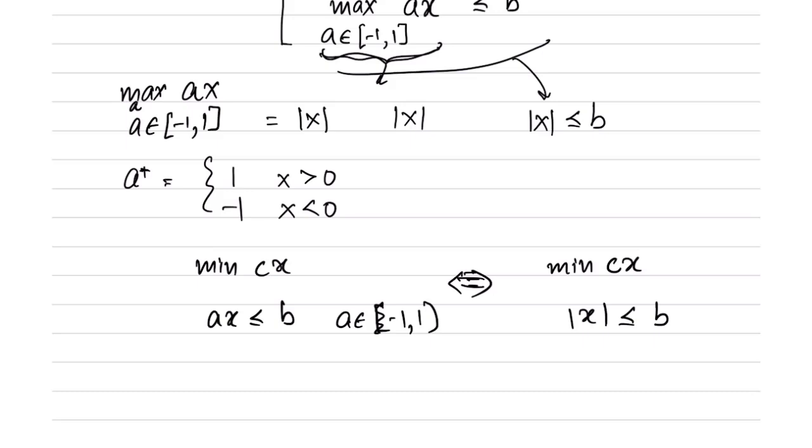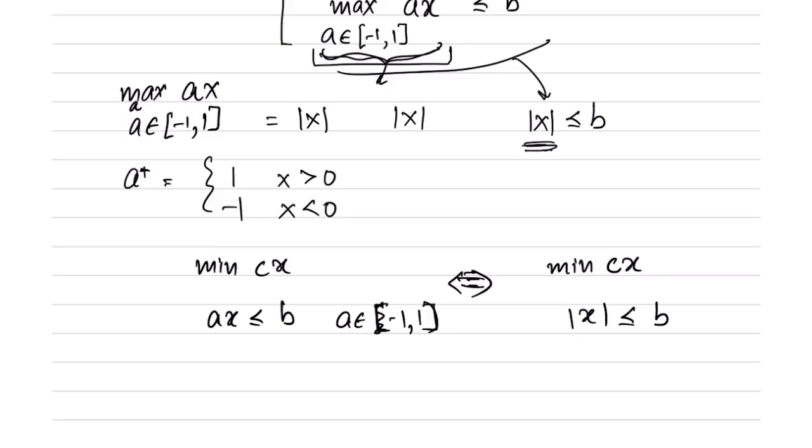This transformation is possible because whenever we specify a as belonging to a particular set, all we need is to specify that the maximum value of ax for a in that set should be less than equal to b, and then we can solve that subproblem. This subproblem can be solved, and then we get this result as absolute value of x.